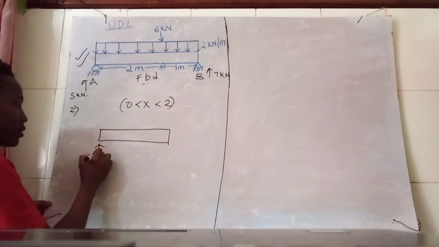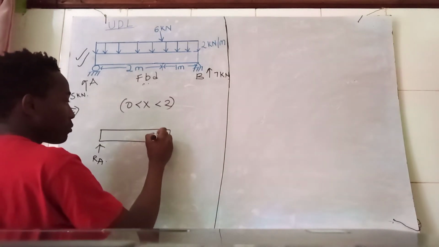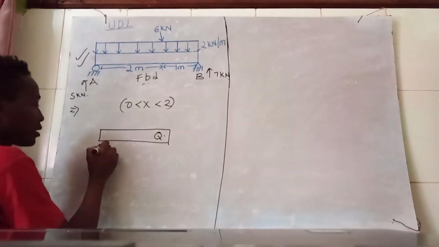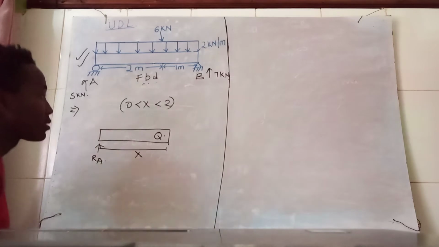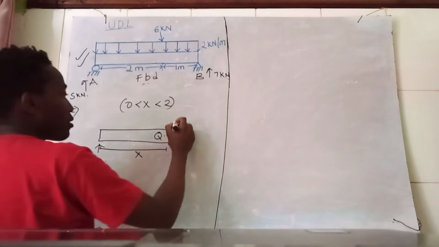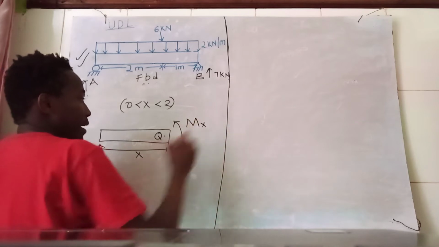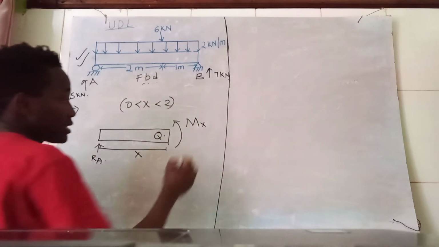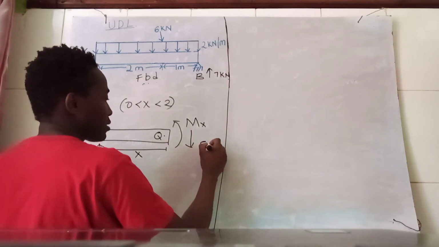Reaction force RA, a point Q inside it. This is the whole length we're talking about, X. At this end is where we are going to have my moment. I will name it M of X. And at that end is where I shall have my shear force SX.